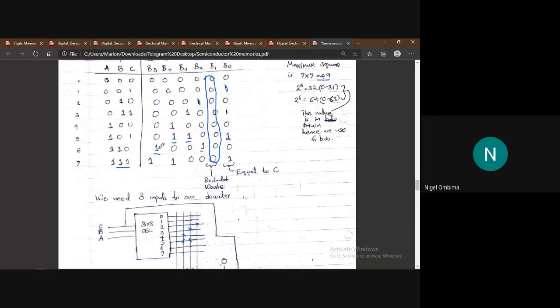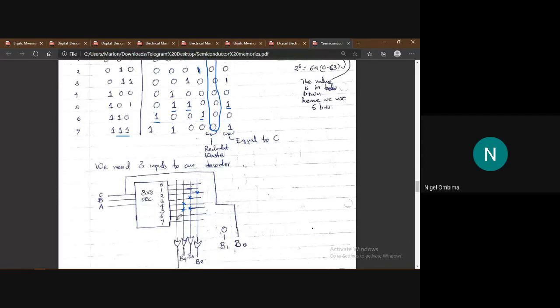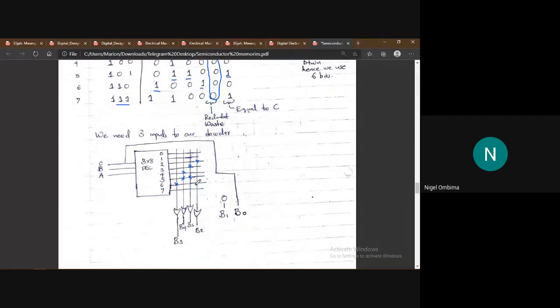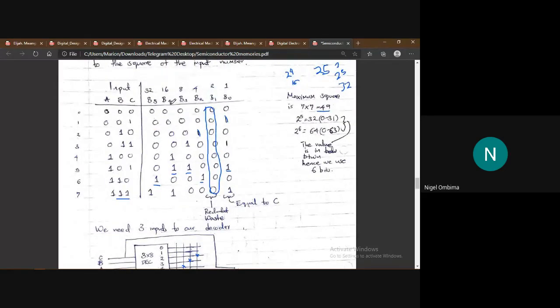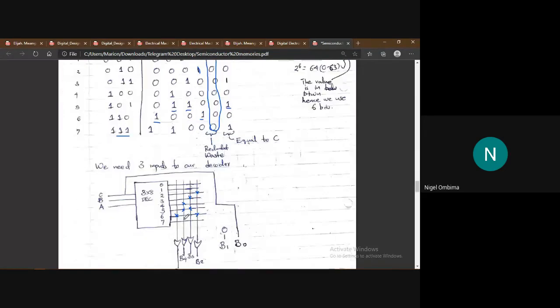Alafu for 6, it's B5 and B2. The rest are zeros. So it's B5 and B2. Alafu for 7, it's B5 is 1, B4 is 1.